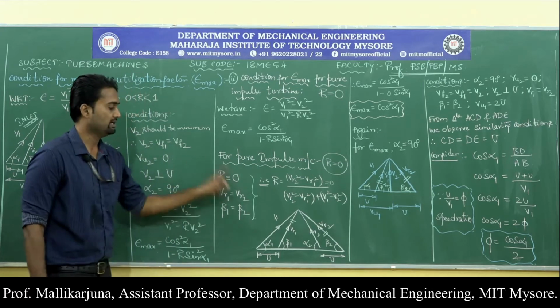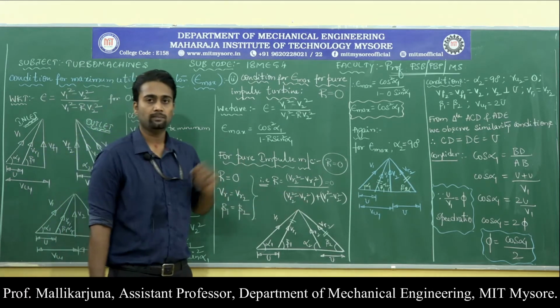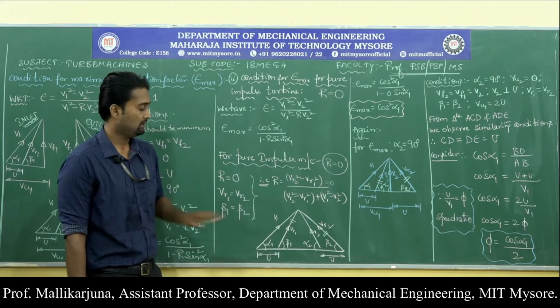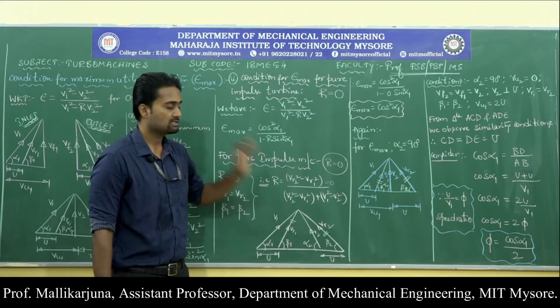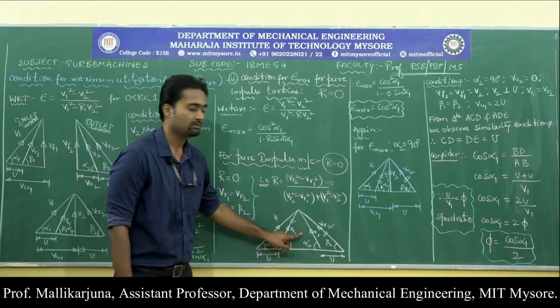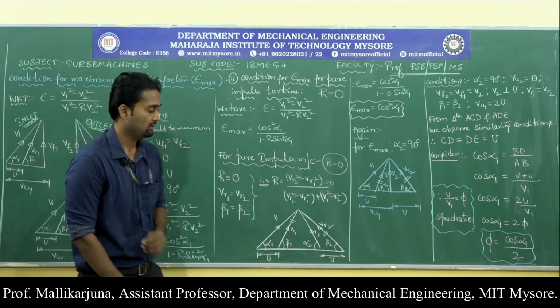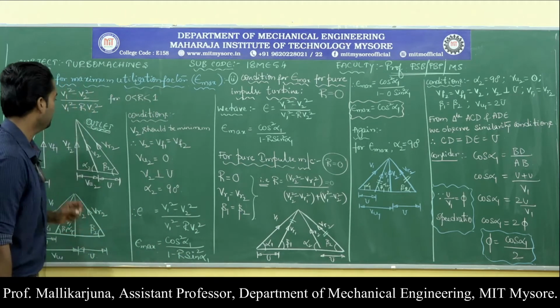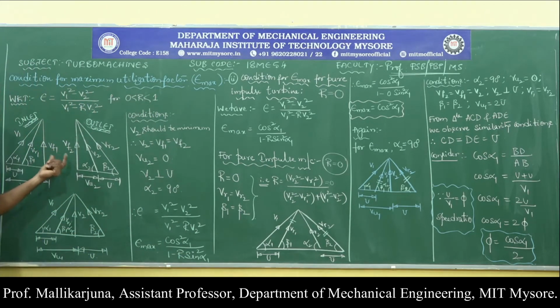Now for these conditions, we need to look at the velocity triangle. Let us start from the basic velocity triangle itself, so that we can easily arrive at what we have written over here. It is very clear that in case of axial flow machines, Vf1 is equal to Vf2.